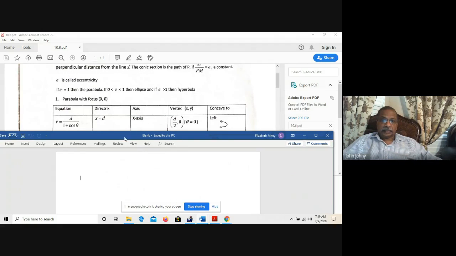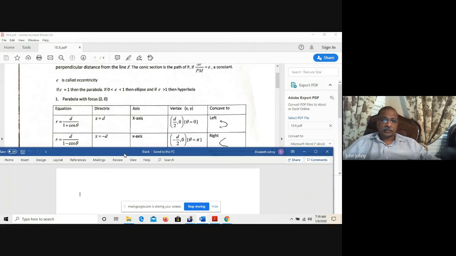Okay, second equation is R is equal to D over 1 minus cos theta. Directrix is x is equal to negative D, and again x-axis is the axis, and the vertex is negative D over 2, 0. You have to substitute theta is equal to pi, then you get that point, and it is concave to the right.